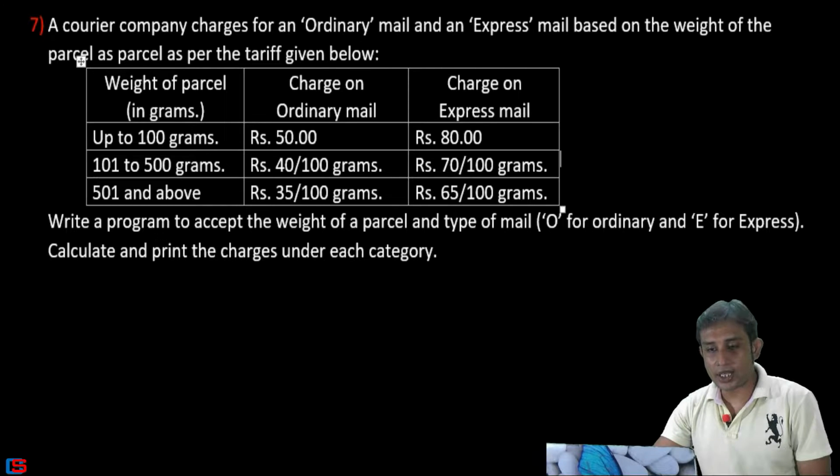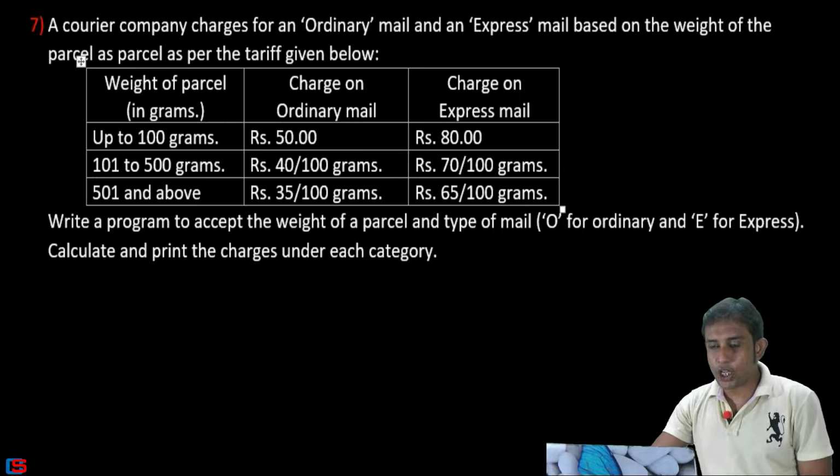And from 101 grams to 500 grams it is rupees 40 per 100 grams and rupees 70 per 100 grams for ordinary and express mail respectively, and above 500 grams it is 35 and 65 per 100 grams. Write a program to accept the weight of the parcel and type of mail, that is O for ordinary and E for express, and calculate and print the charges under each category.